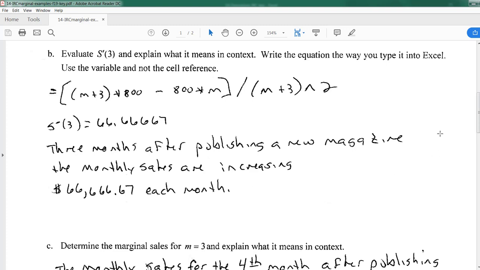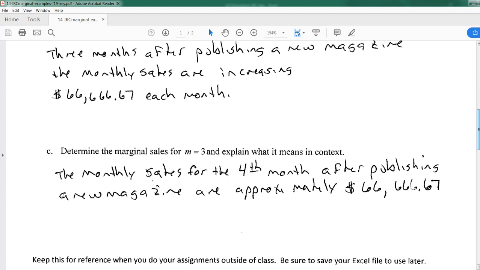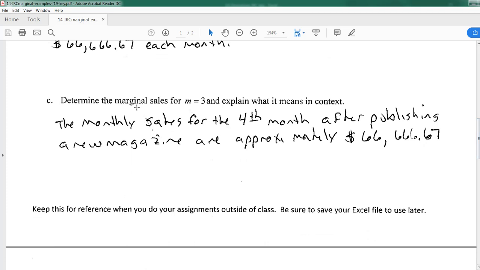The marginal explanation is different. So when you see the word marginal, then the marginal is literally an approximation for the next thing in line.